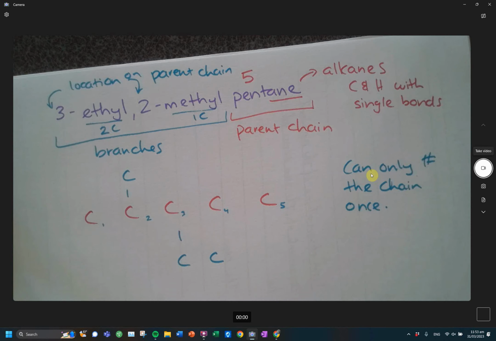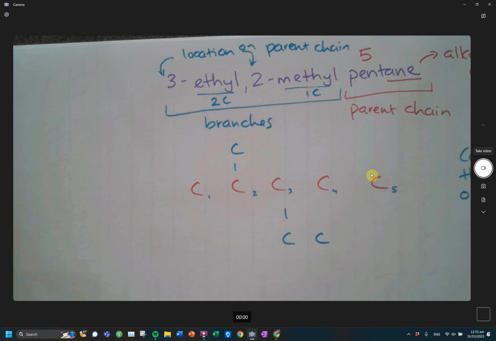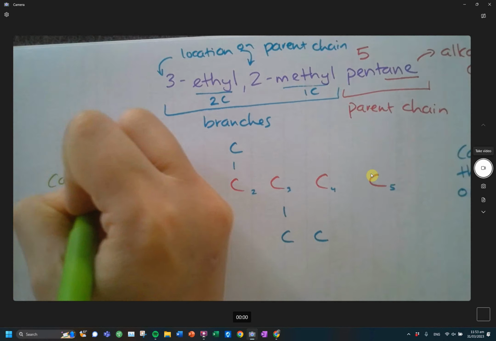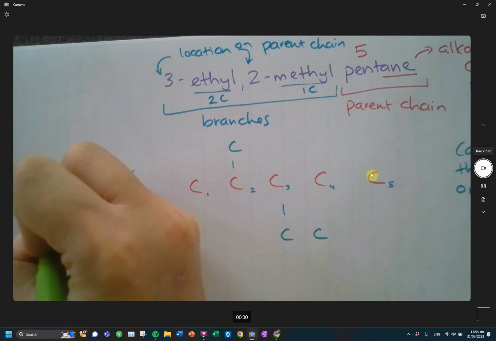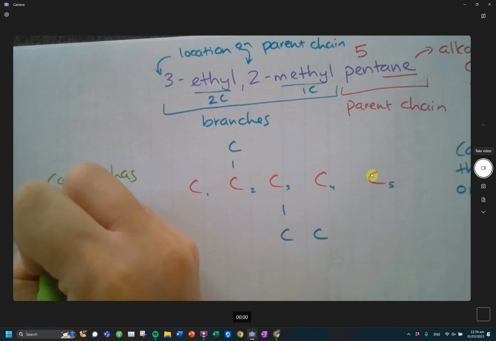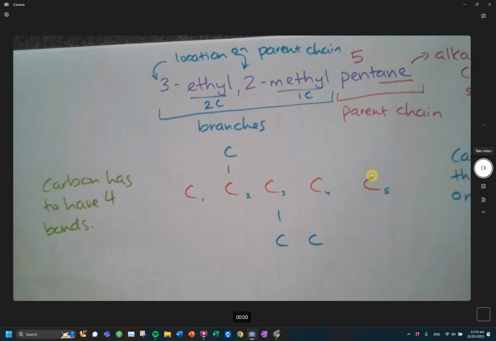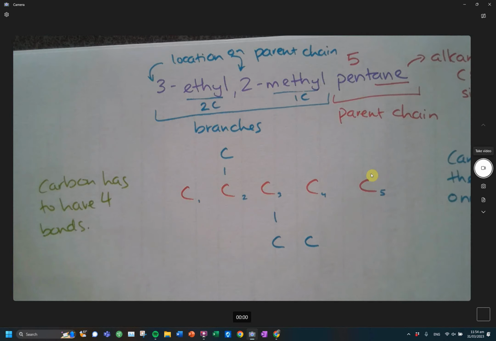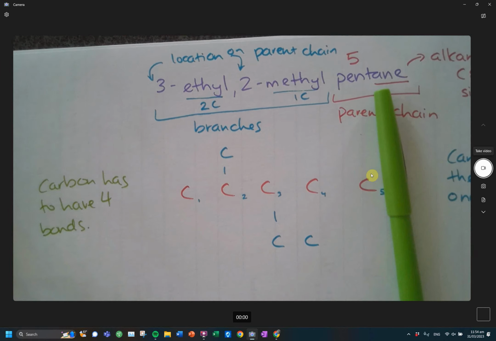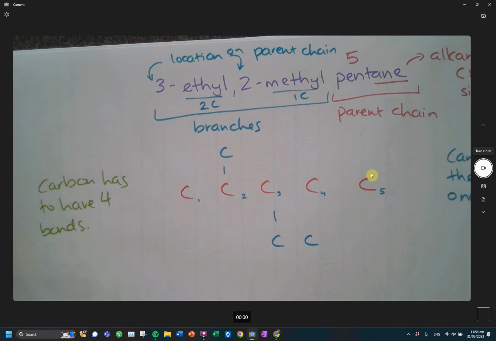All right. Last step is that I need to fill in the hydrogens. So I have to keep in mind when I'm filling in the hydrogens that carbon can only have 4 bonds. Or I should say has to have 4 bonds. So the idea is I'm going to fill in any missing bonds. So carbon has to have 4 bonds. Whatever isn't bonded to another carbon, I fill with hydrogen.